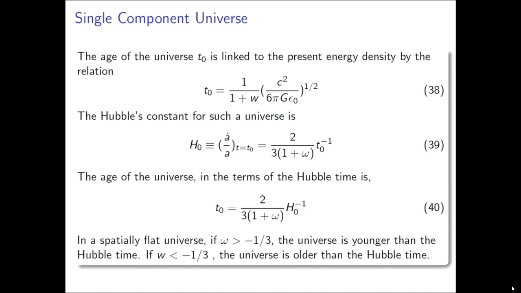I'm sorry, it's the other way around. If omega is greater than -1 by 3, our value keeps decreasing, so our universe is younger than the Hubble time. If omega is less than -1 by 3, the universe is older than the Hubble's time, from equation number 40, if we substitute in these values for omega.